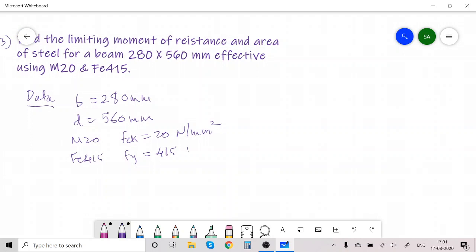And what is asked? Mu max and Ast. These are the required parameters.